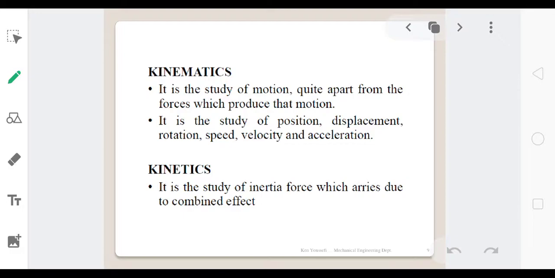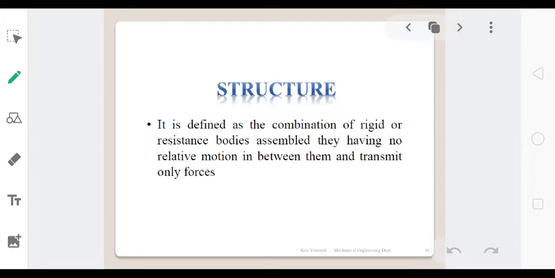The magnitude of inertia force is exactly equal and opposite to the magnitude of force which is causing its acceleration, that is called the accelerating force. So kinetics deals with the study of inertia forces which arise due to the combined effect.